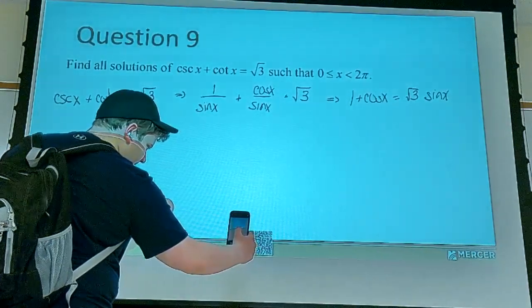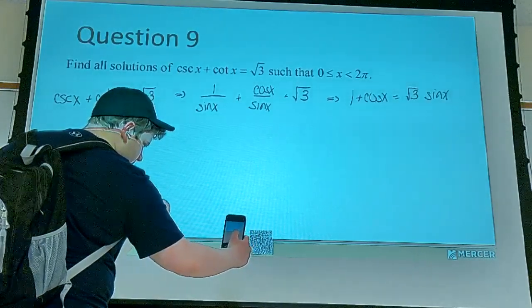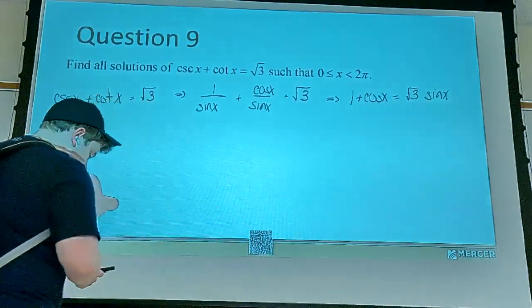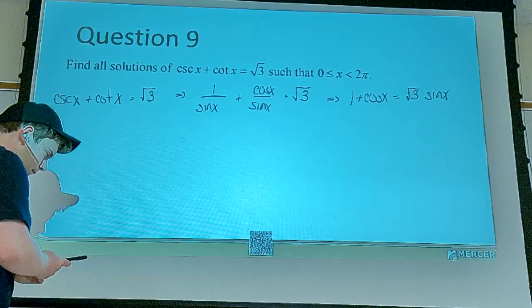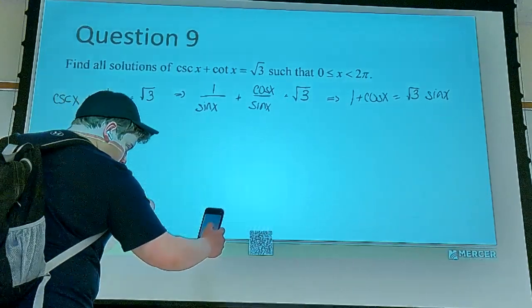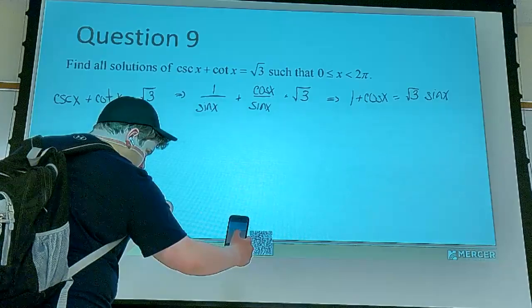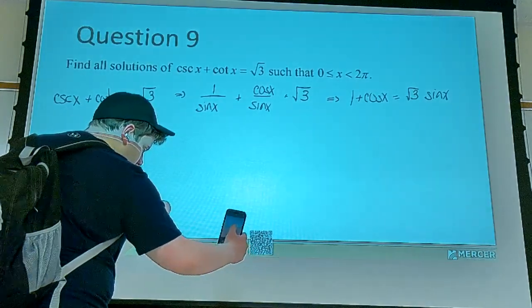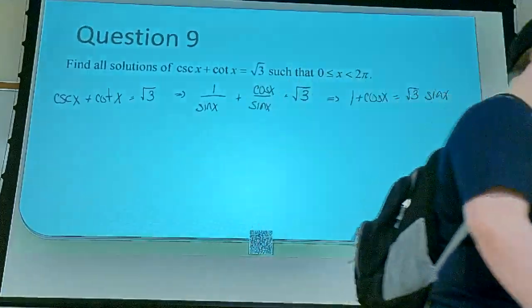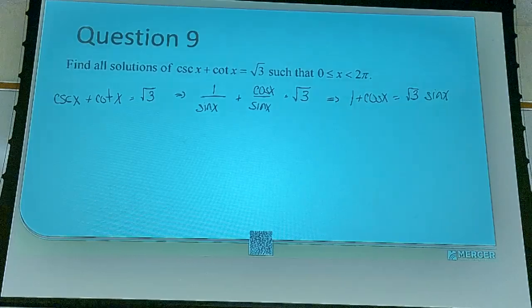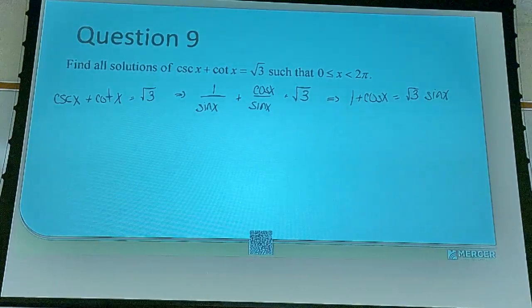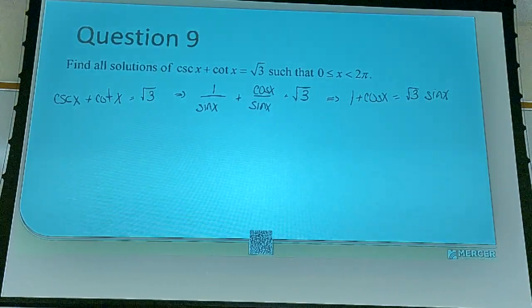We're now at 1 plus cosine of x equals the square root of 3 times sine x. Where to go from here?